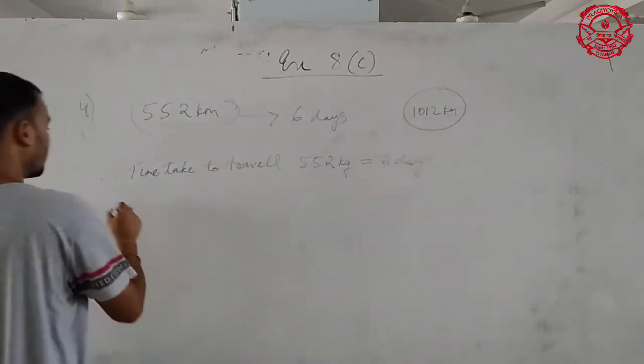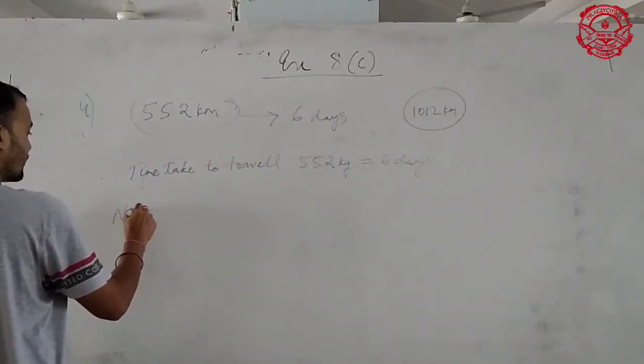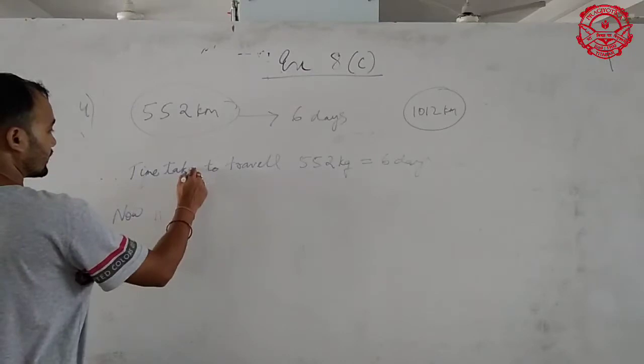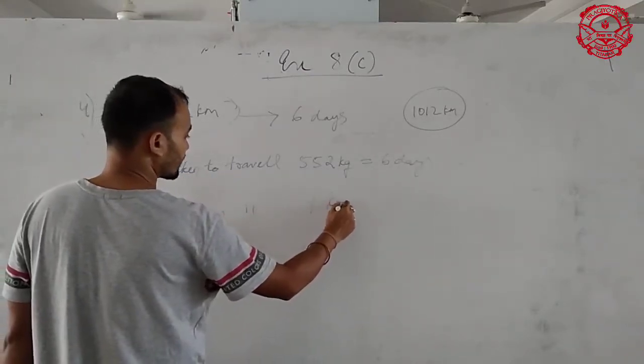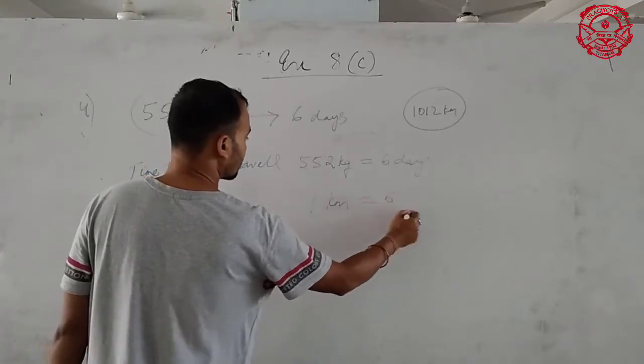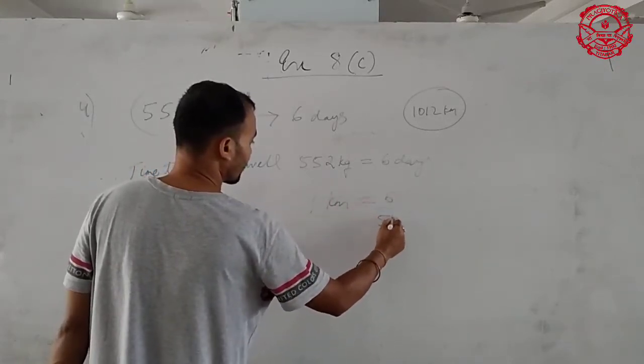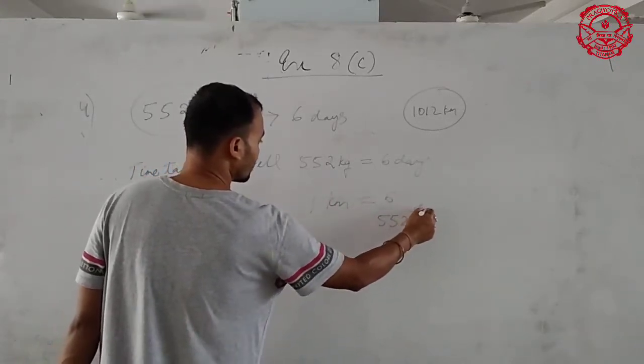Fine. Now, time taken to travel 1 kilometer equal to 6 by 552 days.